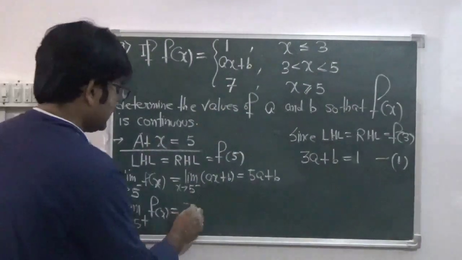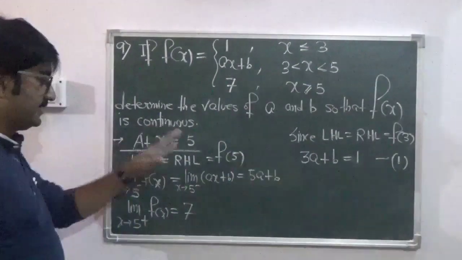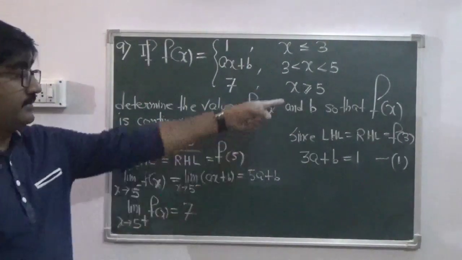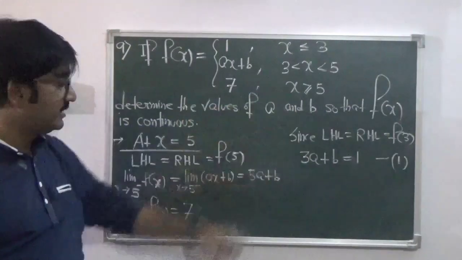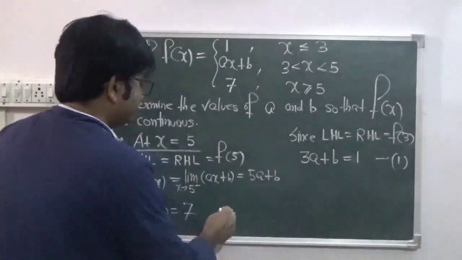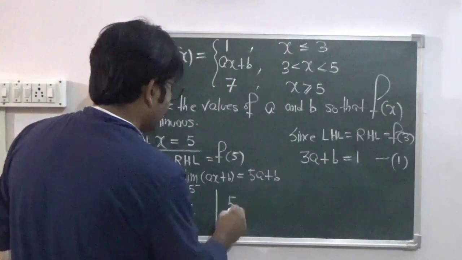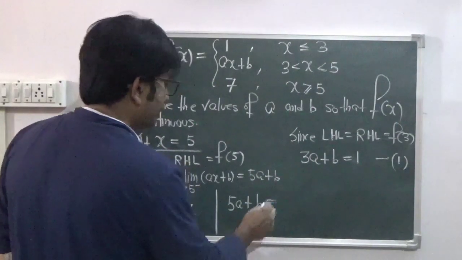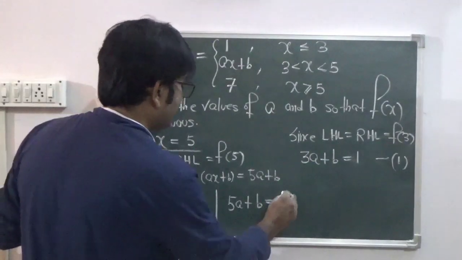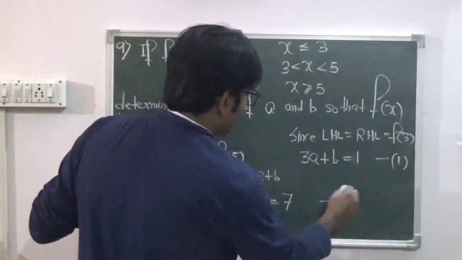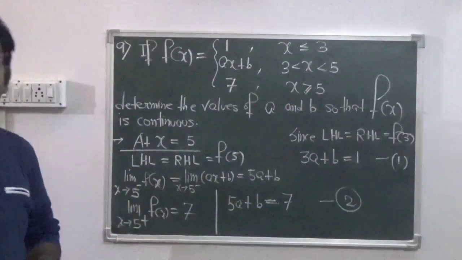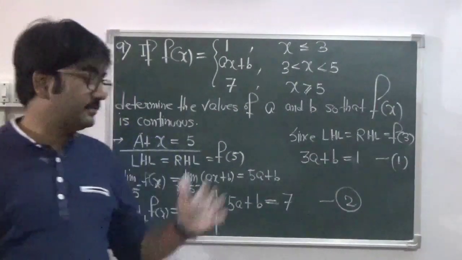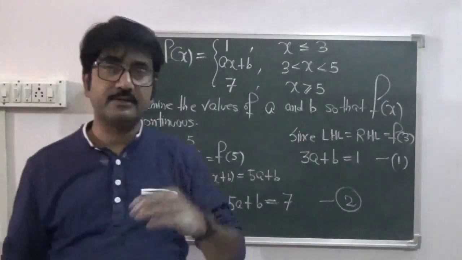Since, as we already know, this is a continuous function, and f of 5 is also 7, we have 5a plus b equals f of 5, that is 7. So this is equation number 2. These are the 2 equations we have got, and after solving these simultaneous equations, we get the values of a and b.